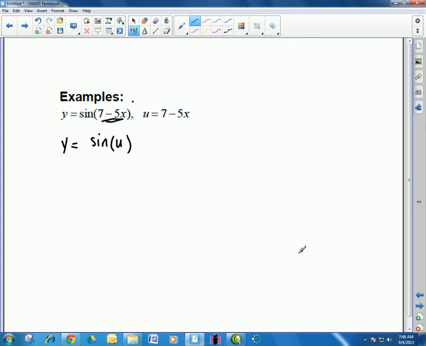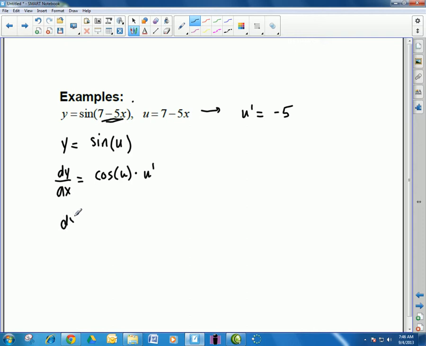Then if you go back to the chain rule, the derivative dy over dx is just the derivative of sine, which is cosine of u, times du, or u prime, whatever you want to put there. Before we make our substitutions, we need to figure out the derivative of the inside, and that's just negative 5.